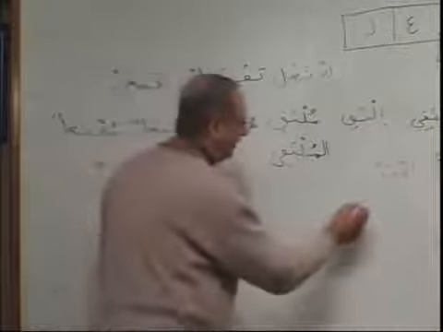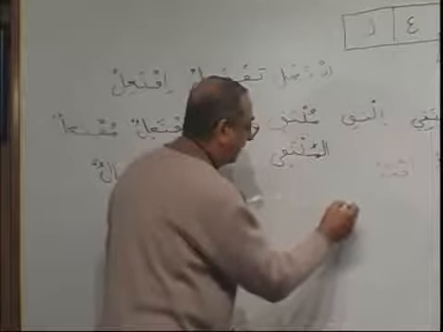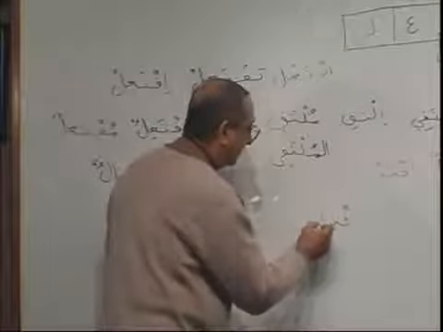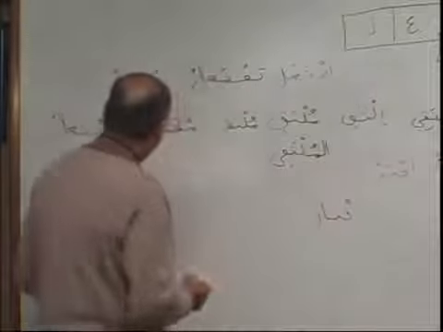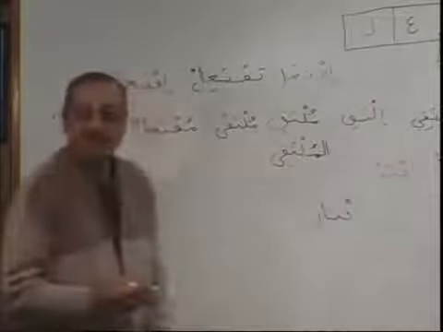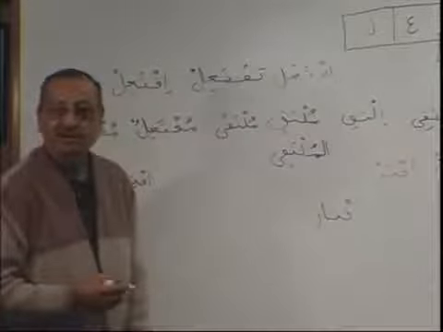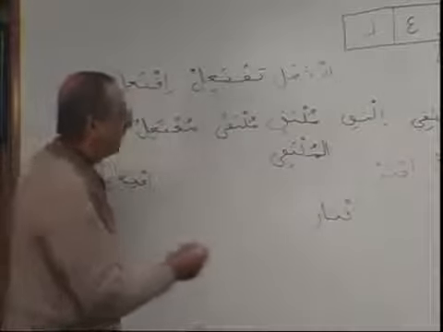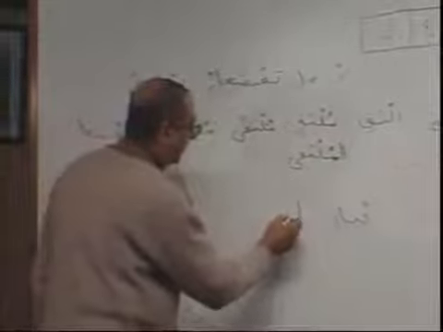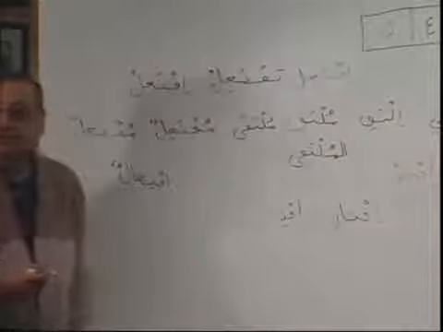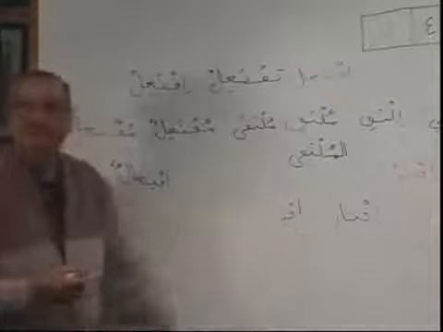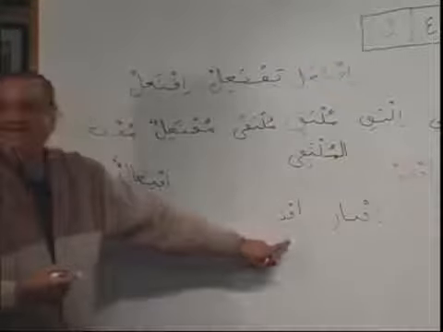Ikhtar. Okay, brothers and sisters? Ikhtar. The pattern is iftial. What is the pattern? Iftial. So here it will be ikhti. Okay, ikhti. Now that alif changed into ya because of kasra.